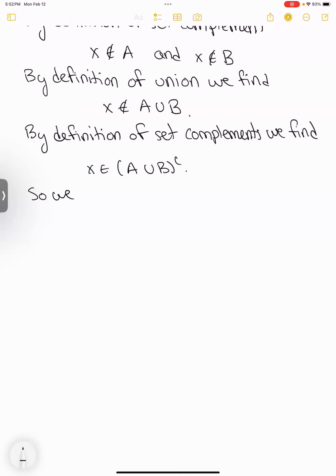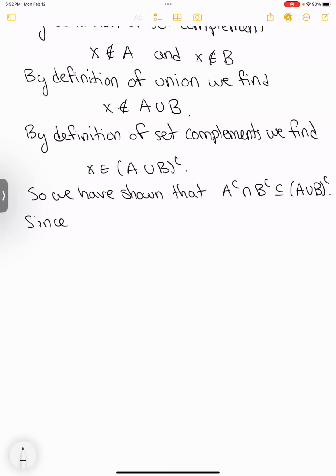So we have shown that A complement intersect B complement is a subset of A union B complement.